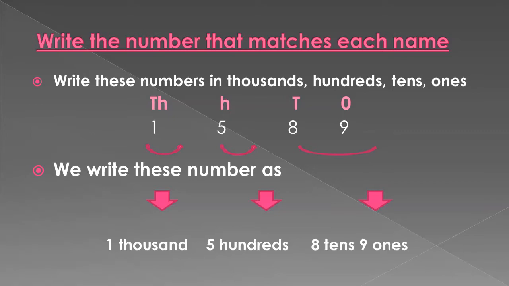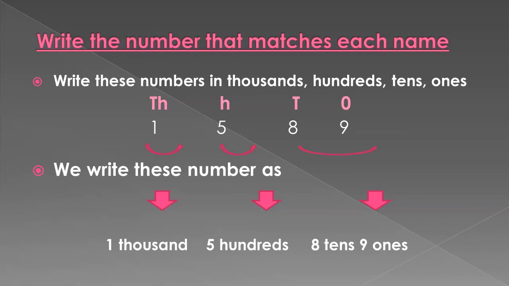Write these numbers in thousands, hundreds, tens and ones. Now we have 4-digit numbers, so we can represent the numbers like this. First of all, place the values like ones, tens, hundreds, thousands. Then write the number under the values, like 1589.